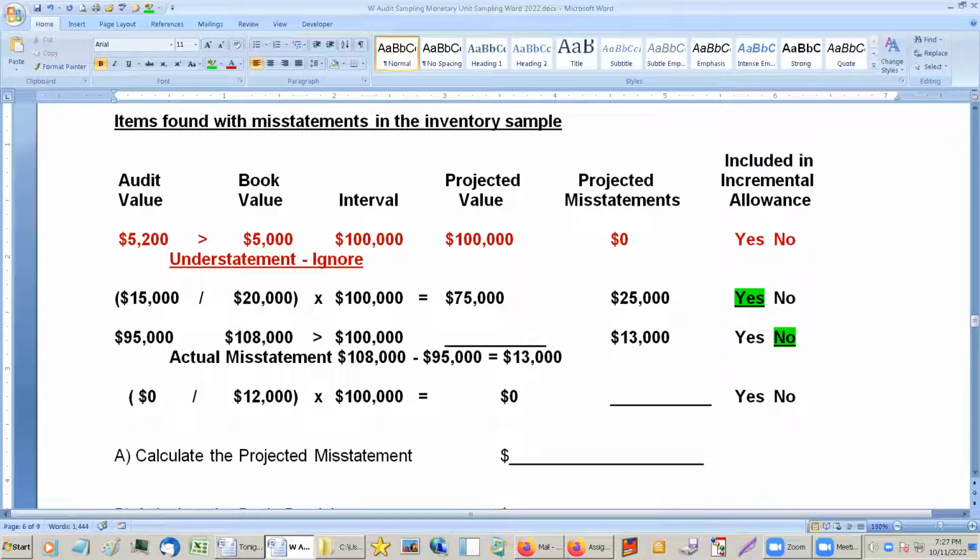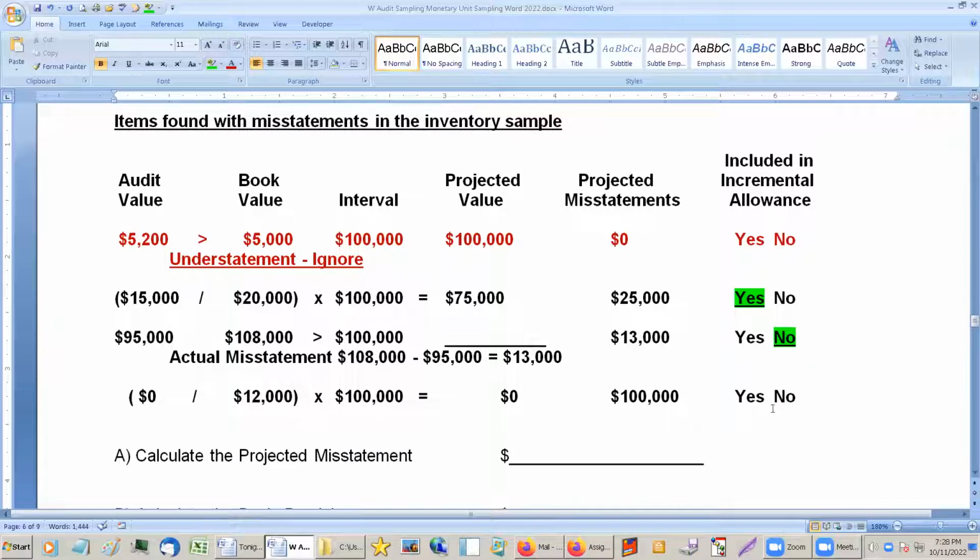And so the projected misstatement would be what? $100,000. Yep, very good. So the whole thing is misstated. They have the thing on the book for 12,000 and it's 0. And again, some of the literature will say look into why it's 0, but you should be doing that anyways whenever you look into any of these.